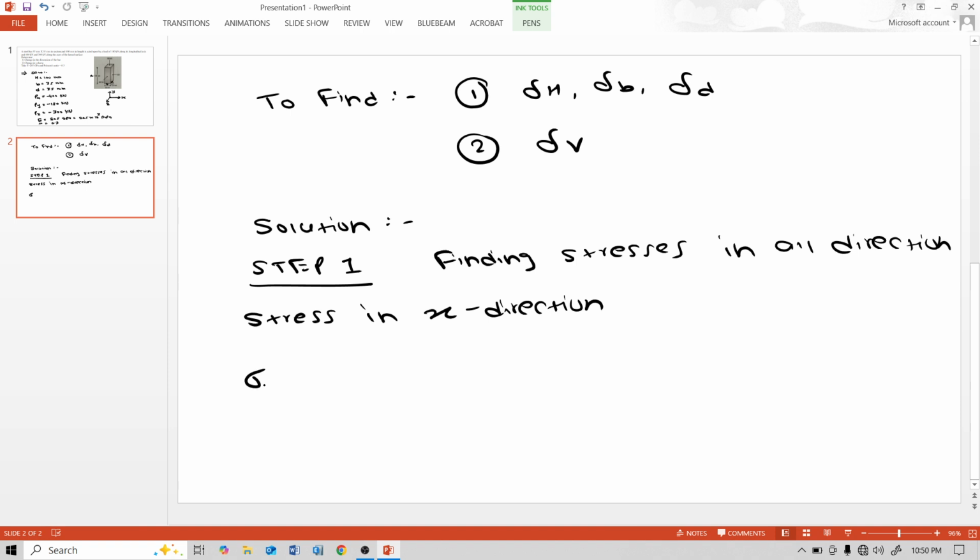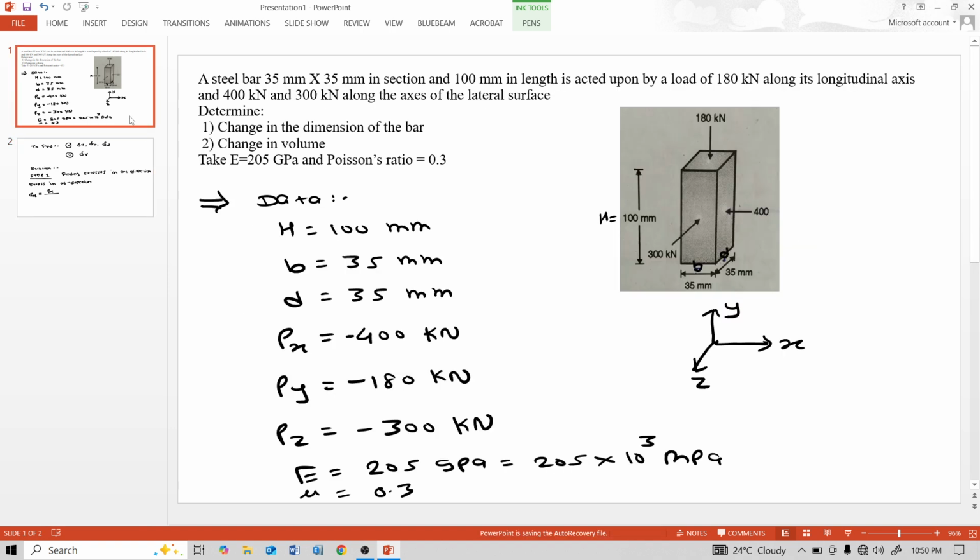Stress is denoted as sigma, and in x direction sigma x. Stress in x direction is load acting on x direction divided by cross-sectional area. So load acting on x direction is minus 400 kilonewton and cross-sectional area is height into depth.